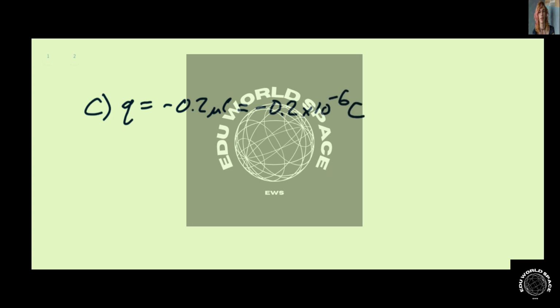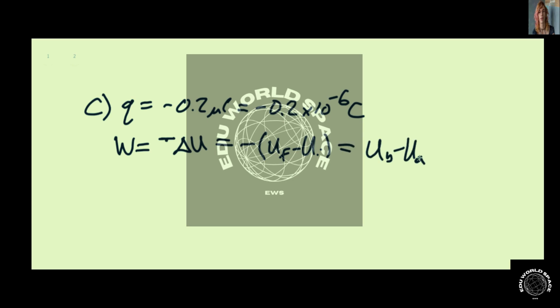We want to calculate the work from point A to point B. So the work is equal to negative delta U, which is just equal to negative U final minus U initial, which is just going to be UB minus UA.